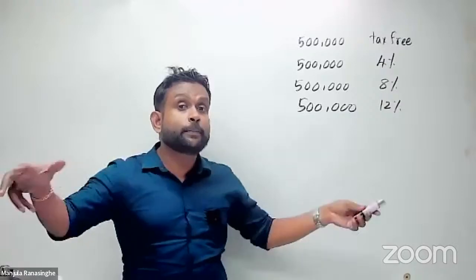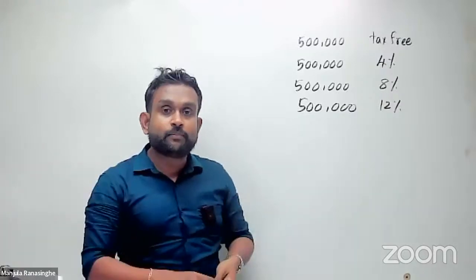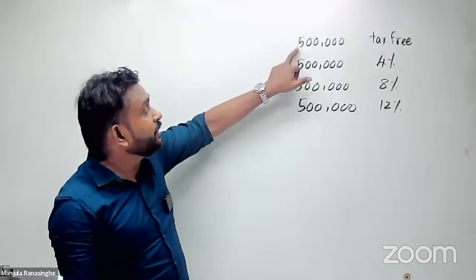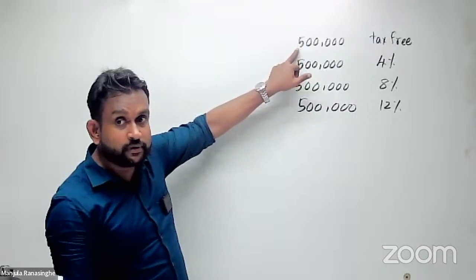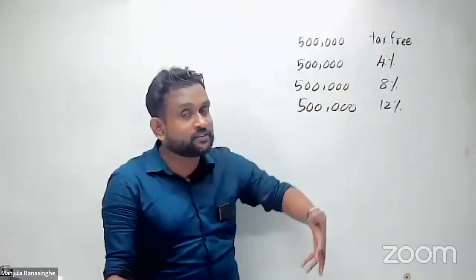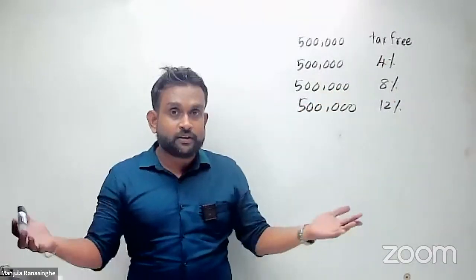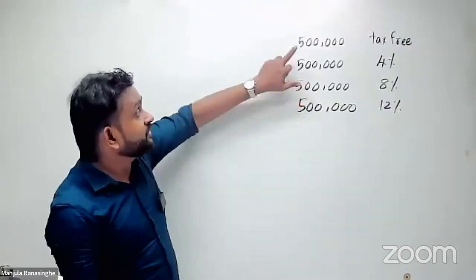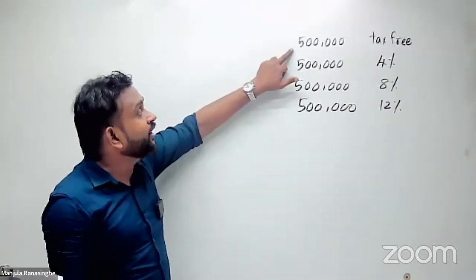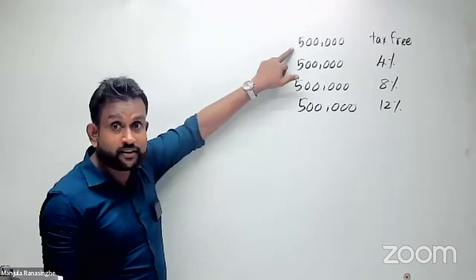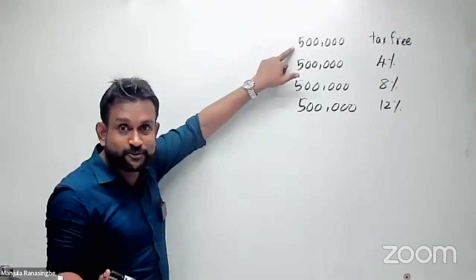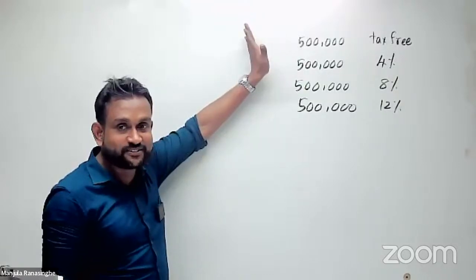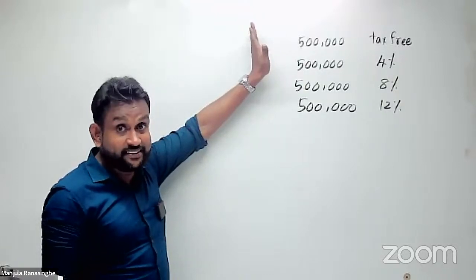Those who get an annual income less than 500,000, you can see that they are not paying taxes. Some families are not paying the income tax, right? Their income may not actually be less than 500,000, but they say that it is less than 500,000. That is annual income.